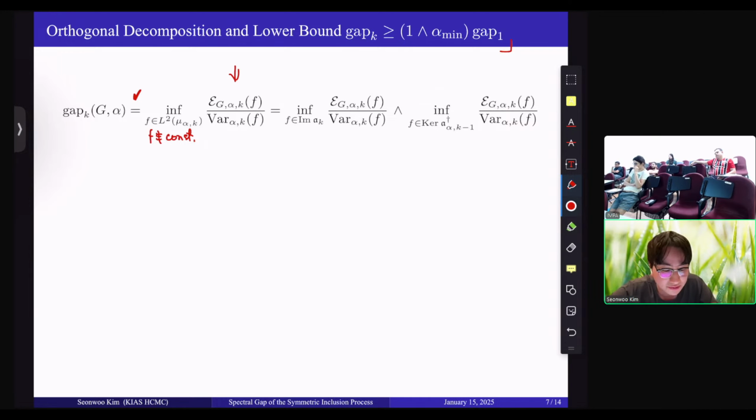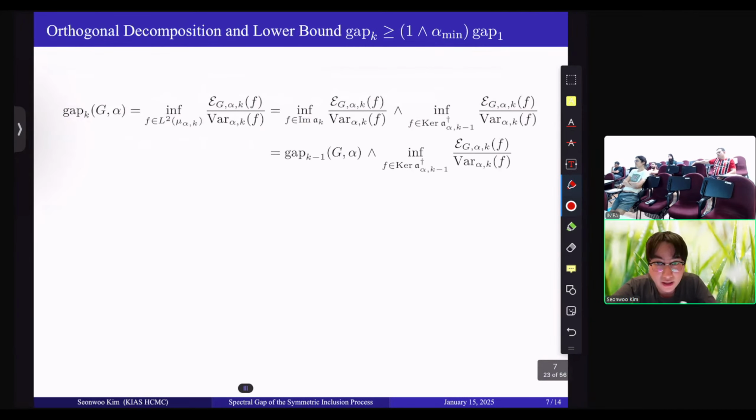Now we can decompose this whole infimum into two parts, which are the image of the annihilation operator and the kernel of the creation operator. This is possible because of this orthogonal decomposition, with the image and the kernel.